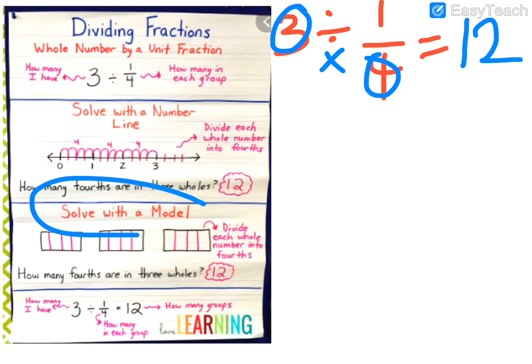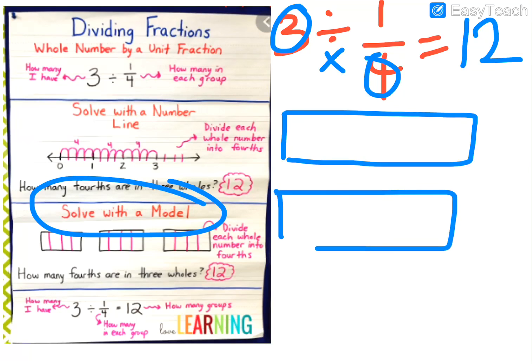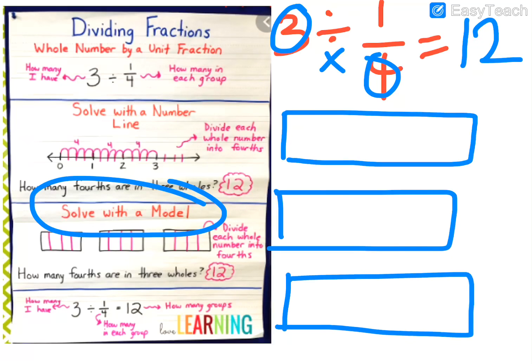The model here, where it says solve with the model. Basically you have your 3 sandwiches and you're going to divide them into 1/4. So 1/4 means that you have to have 1, 2, 3, 4 pieces.